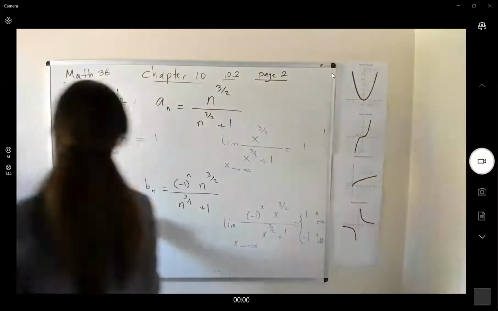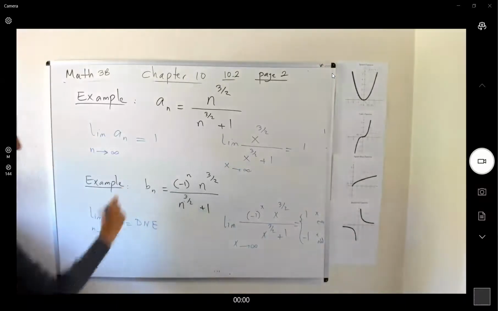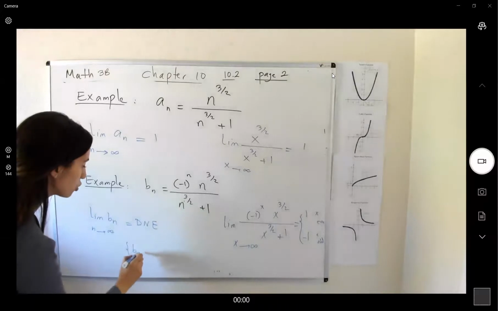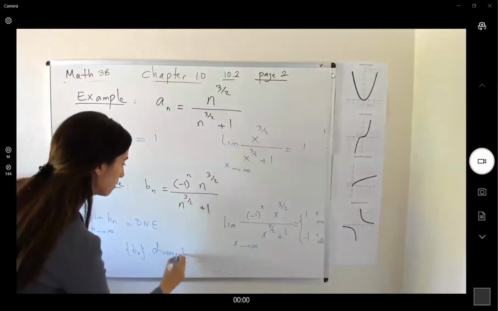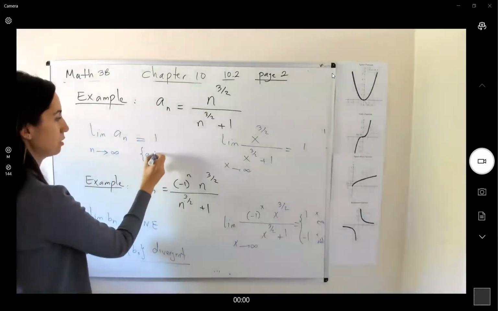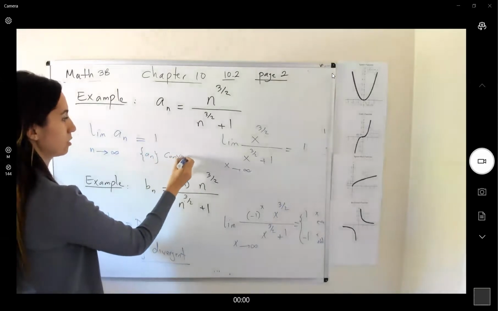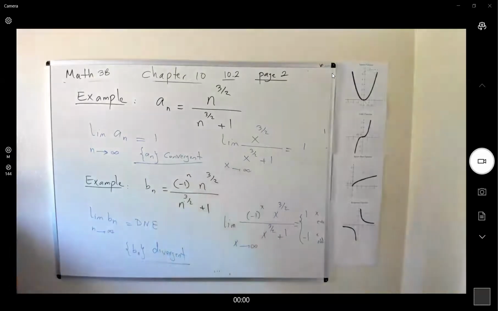So we say that the limit does not exist, and this sequence is a divergent sequence. Here you have a sub n to be convergent, and here you have v sub n to be a divergent sequence.